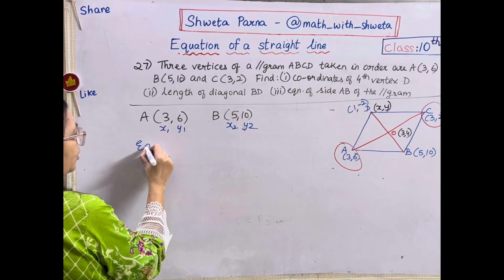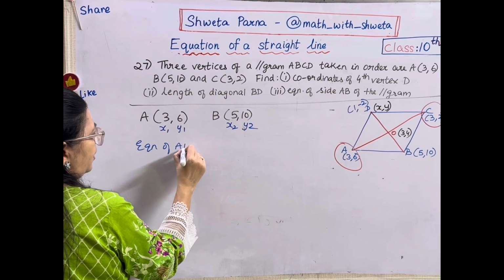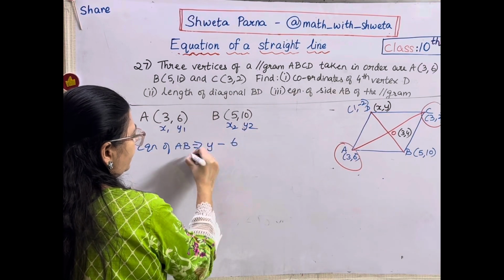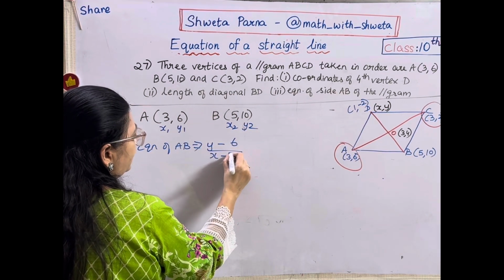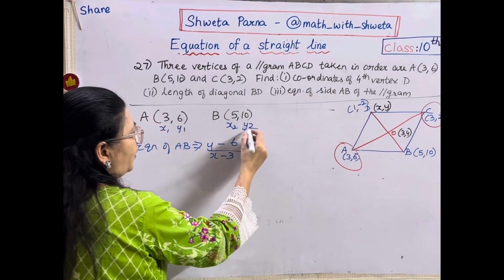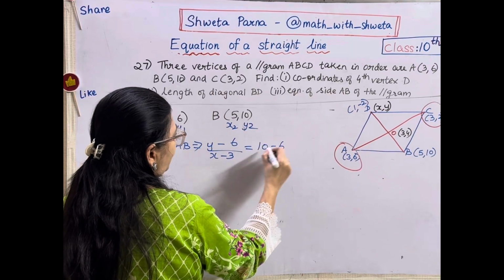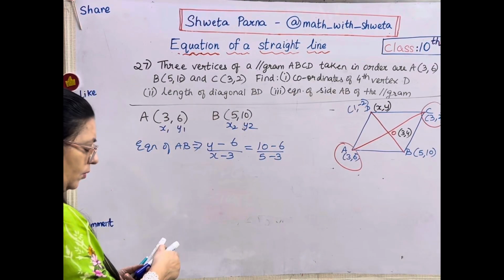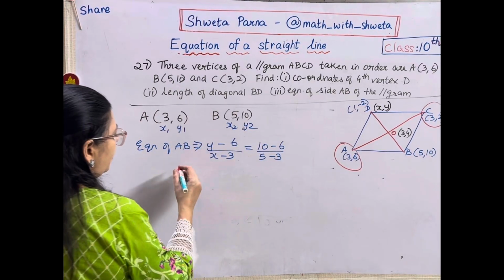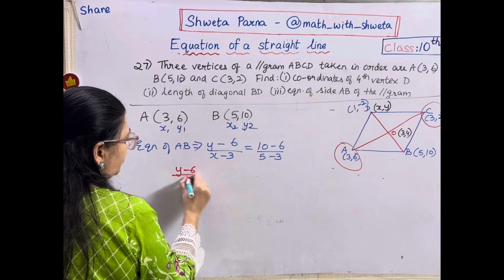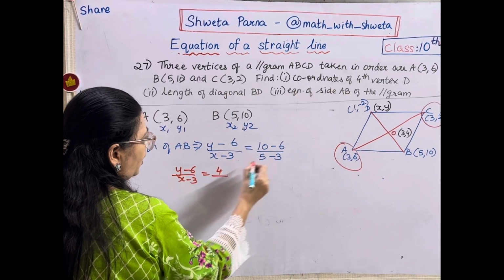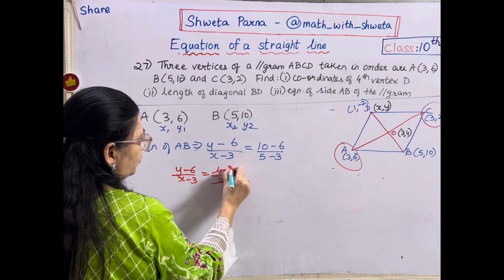So the equation of AB is y minus y1 upon x minus x1 is equal to y2 minus y1 upon x2 minus x1. So you will get y minus 6 upon x minus 3 is equal to 10 minus 6 is 4, 5 minus 3 is 2.